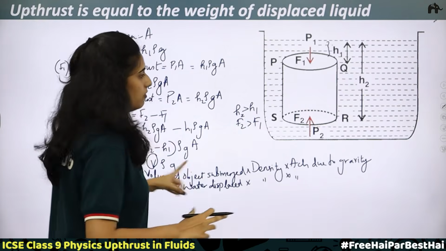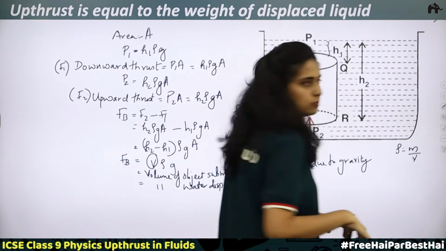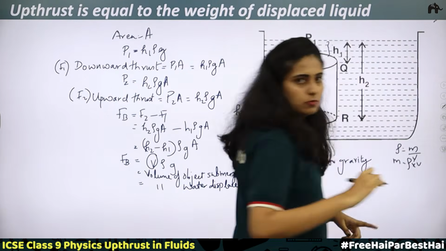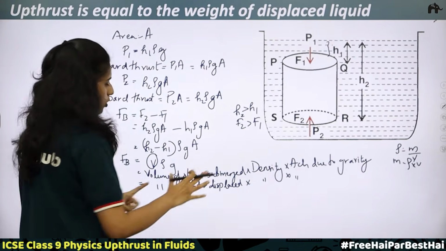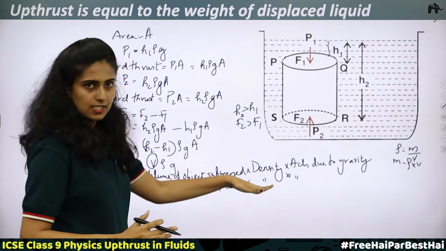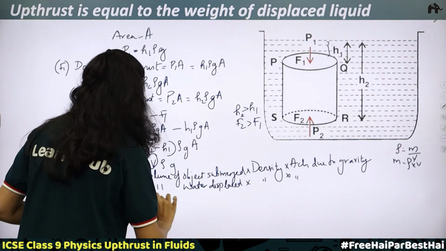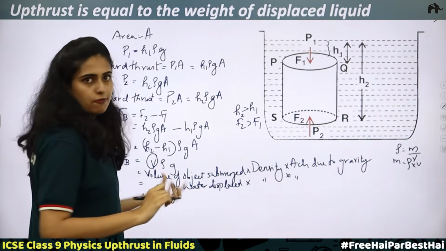Now we know that density is equal to mass by volume, which means mass is equal to density into volume. Here we have volume, this is density. Density into volume is mass. So mass into acceleration due to gravity is the weight.